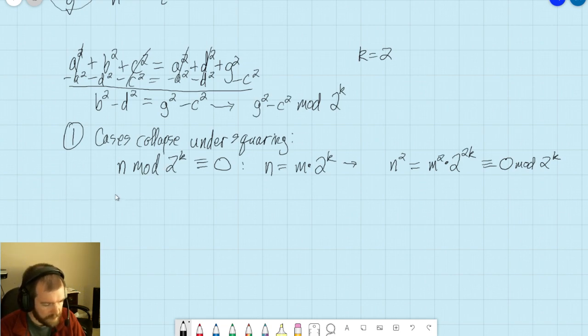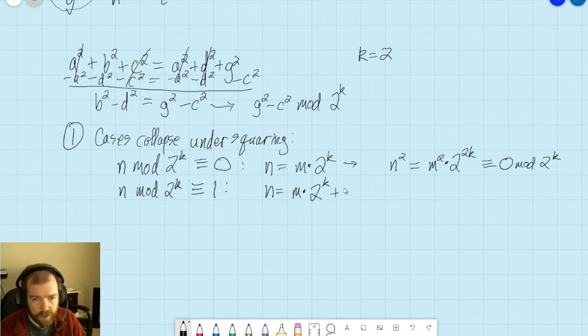So we can do some of these at least in general, and then we're going to need to actually break down. So if n mod 2 to the k is equivalent to 1, then n is going to be equal to m times 2 to the k plus 1.